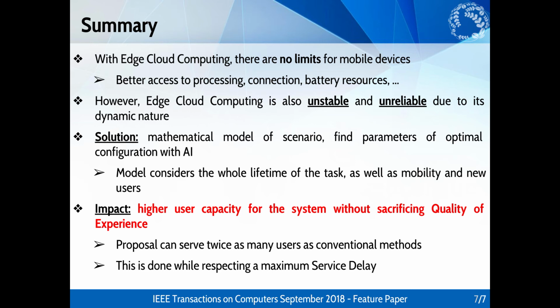The model considers the whole lifetime of the task, as well as mobility and new users. The final impact is a higher user capacity for the system without sacrificing quality of experience. The proposal can serve twice as many users as conventional methods, while still respecting maximum service delay, which means we have a minimum threshold of quality of experience, but still serve more users than conventional methods.